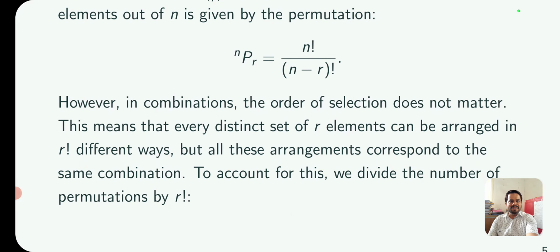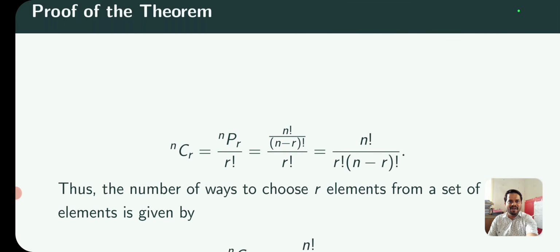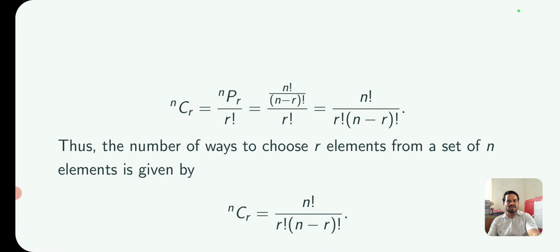So to account for this, we divide the number of permutations by r factorial. So the required formula for the combination is nCr is equal to nPr divided by r factorial, and after that you can simplify it by applying the definition of a permutation.